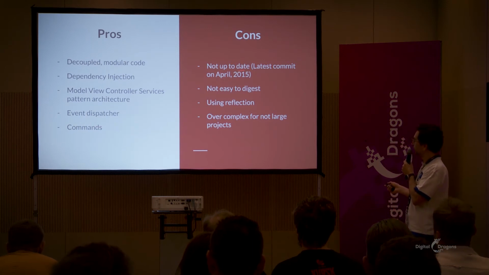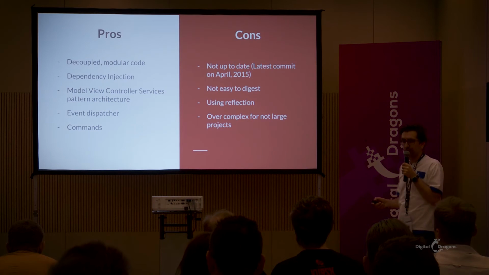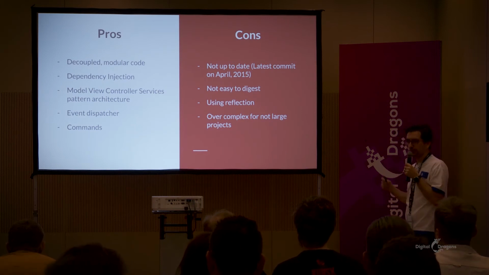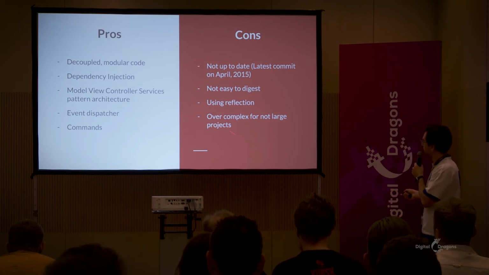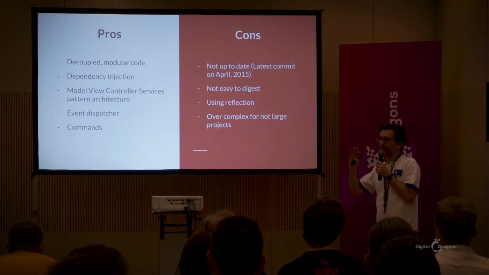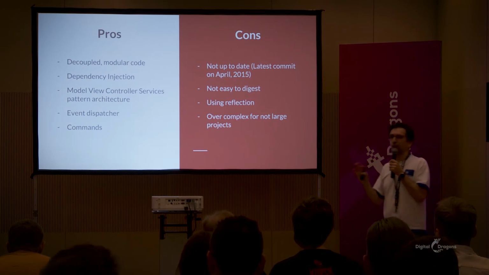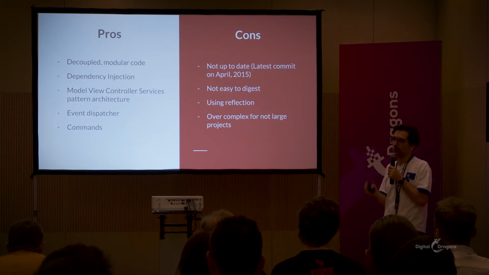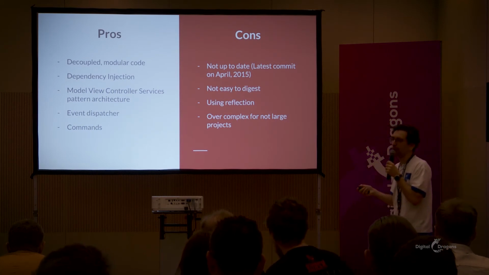The cons are that it's not up to date. The last commit was made 2 years ago. It's not easy to digest, so it's complex to understand at the beginning. It's using reflection. We need to look at this con with great care, because it's not so bad.